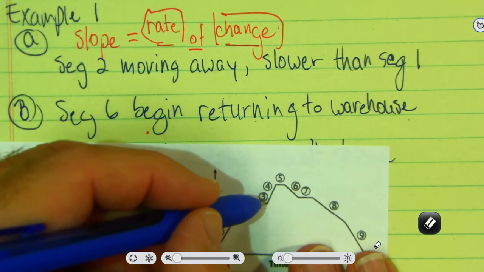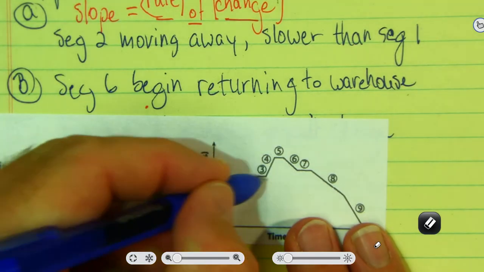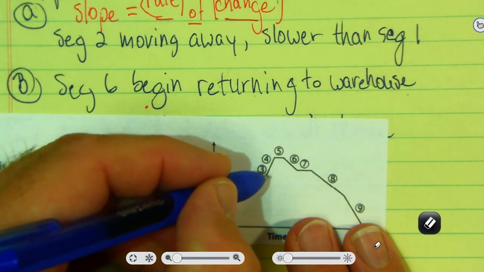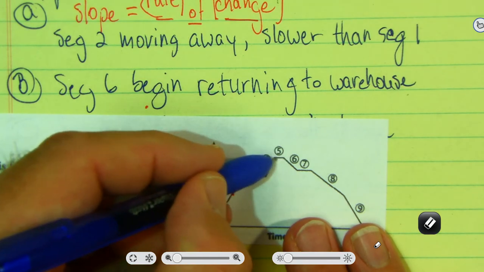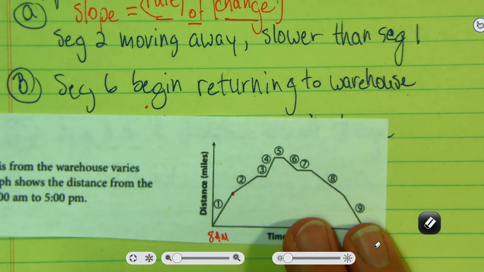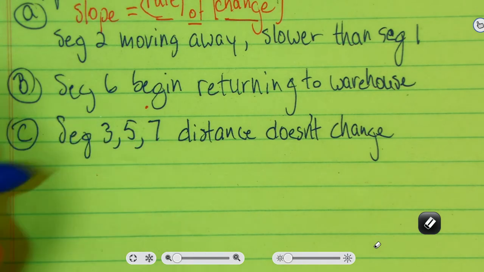It has a zero slope. Excuse me, that was an incorrect statement, mathematically speaking. It has zero slope, meaning I'm traveling 0 miles per hour, and so in an hour I go 0. Same thing is true with this. It's level, it's flat. So the distance isn't changing in segments 3, 5, and 7.